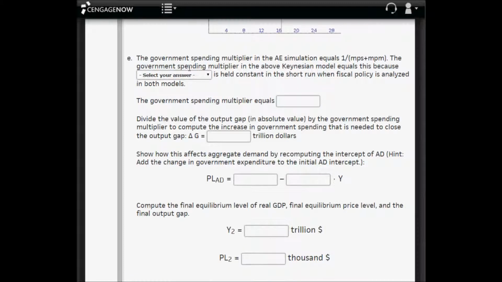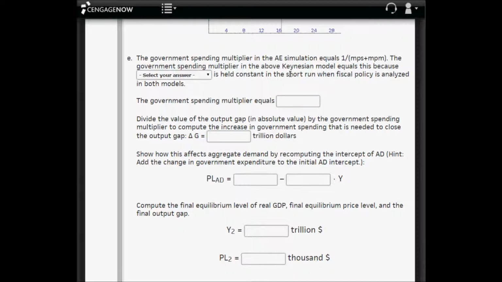It can be shown that the government spending multiplier in the AE simulation equals 1 divided by the MPS plus the MPM. Do you recognize this? That's actually the slope of the aggregate demand model. So the government spending multiplier in the AE simulation equals the inverse of aggregate demand's slope.